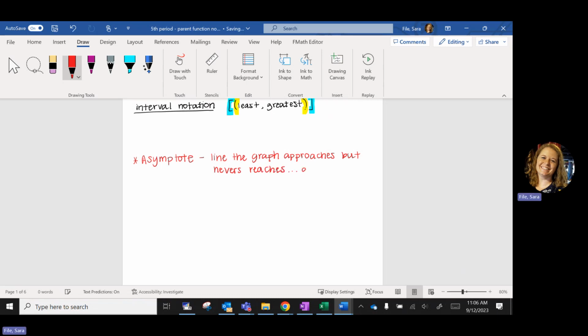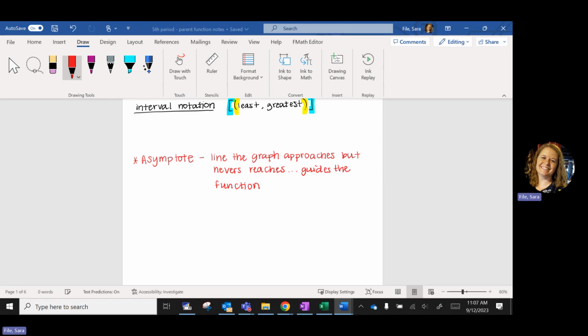Okay, its job is just to guide the function. So it guides the function's end behavior, or it guides the behavior wherever that asymptote is.